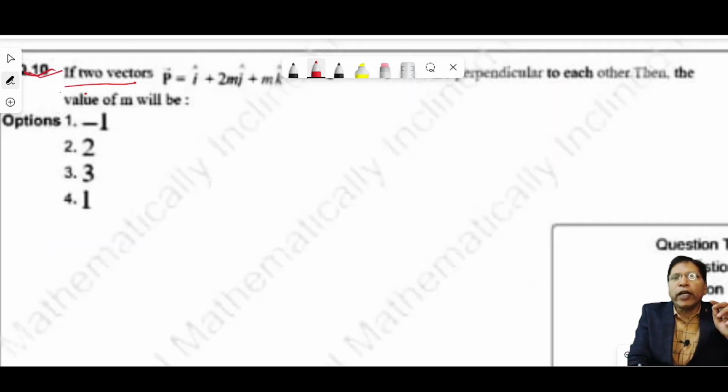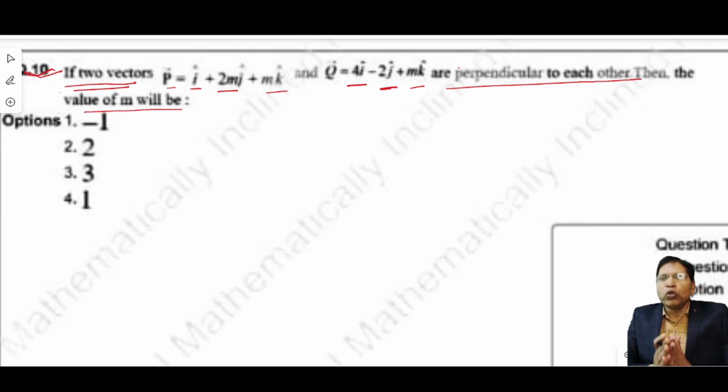Now look at this. If two vectors, p vector equal to i cap plus 2m j cap plus m k cap and q vector equal to 4i cap minus 2j cap plus m k cap, are perpendicular to each other, then find the value of m. Now you know the condition of perpendicularity between p vector and q vector is p vector dot q vector equal to 0.